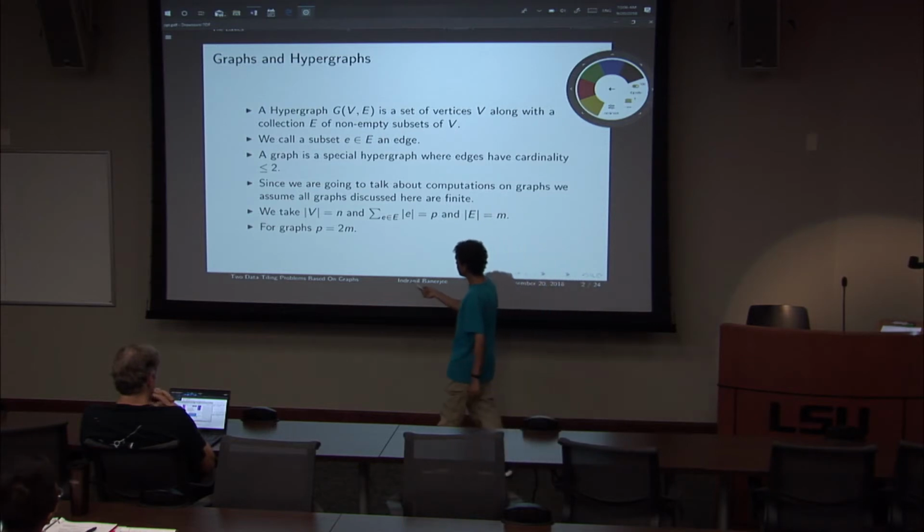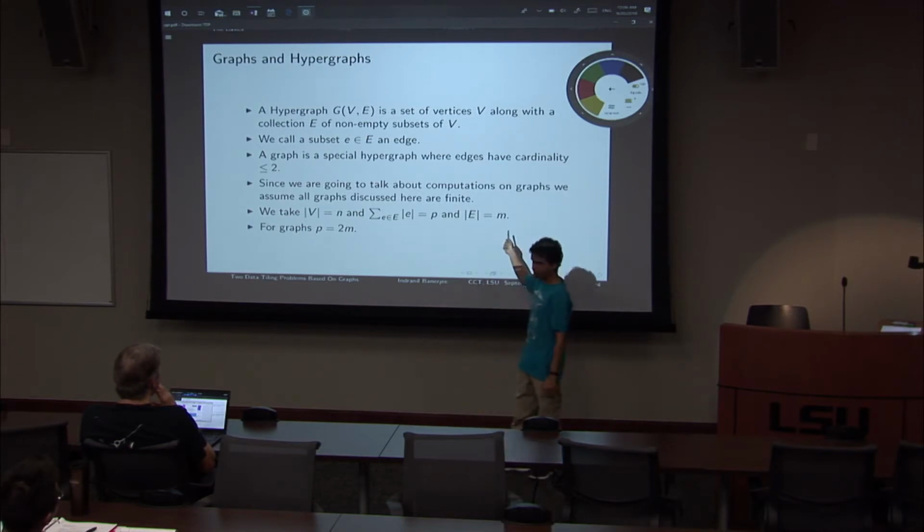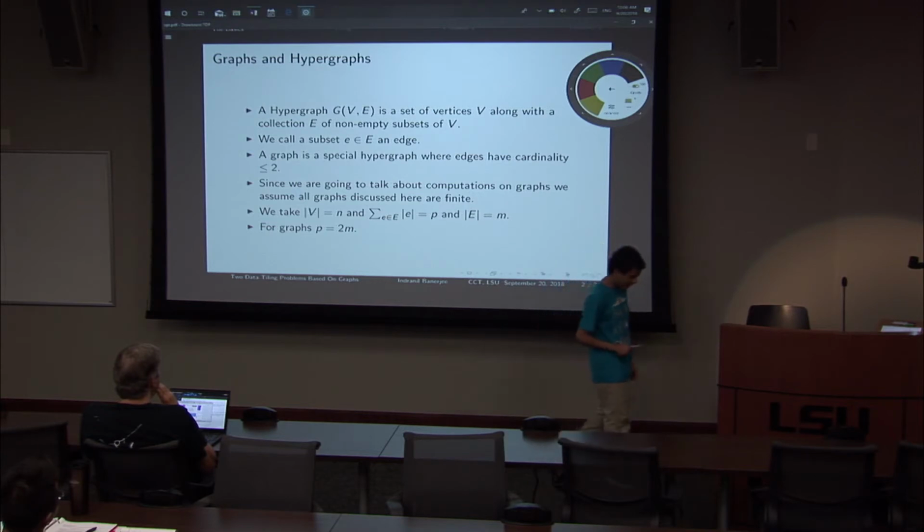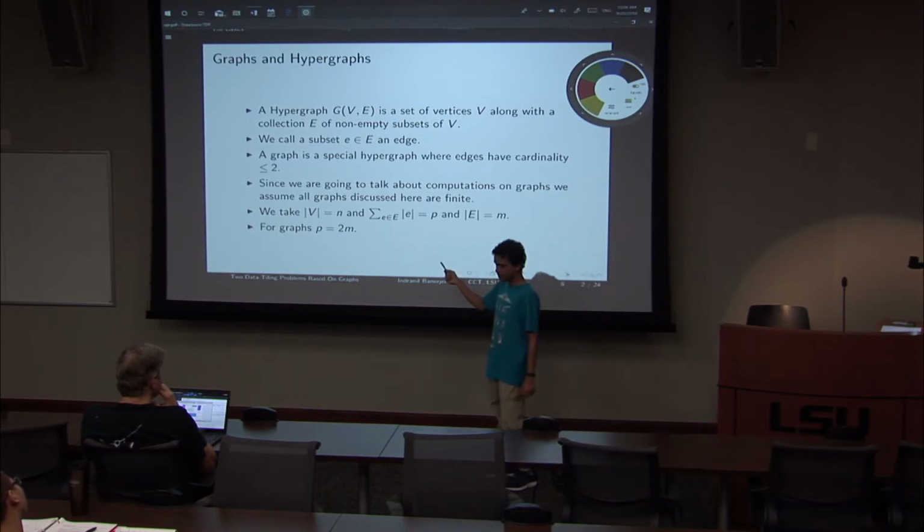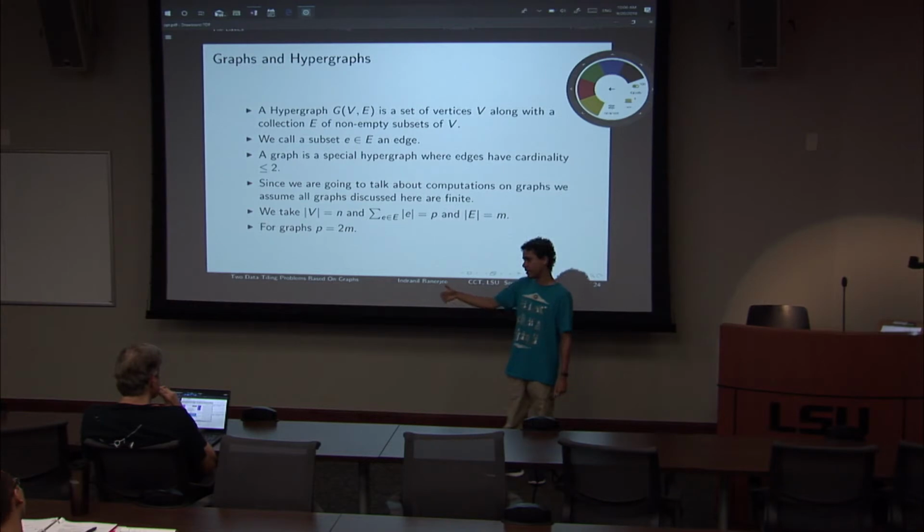We generally use the size of the vertex set, denoted by n, and the number of edges, denoted by m. Ignore the p. What's the p? P is basically the generalization of the sum of the degrees. For a hypergraph, it's the sum of the cardinalities of the hyperedges. And for graphs, it's just the sum of the degrees.